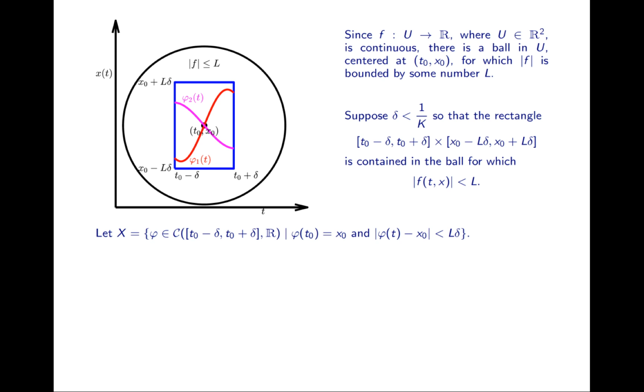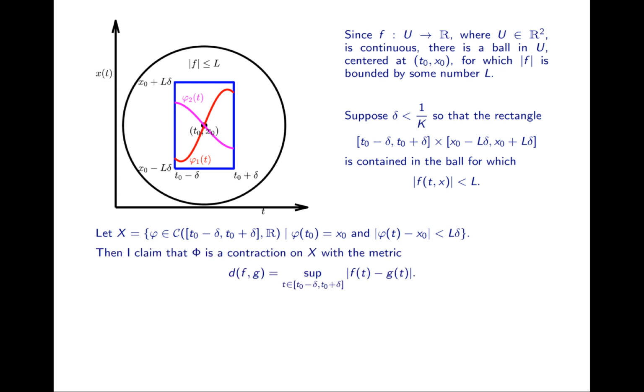So the red curve and the magenta curve are both examples of functions in big X. Right. So this condition here means that my function passes through the center of the rectangle. This condition means that my function passes through the left and right side and not out the top and bottom. And of course, this condition means it's a continuous function.